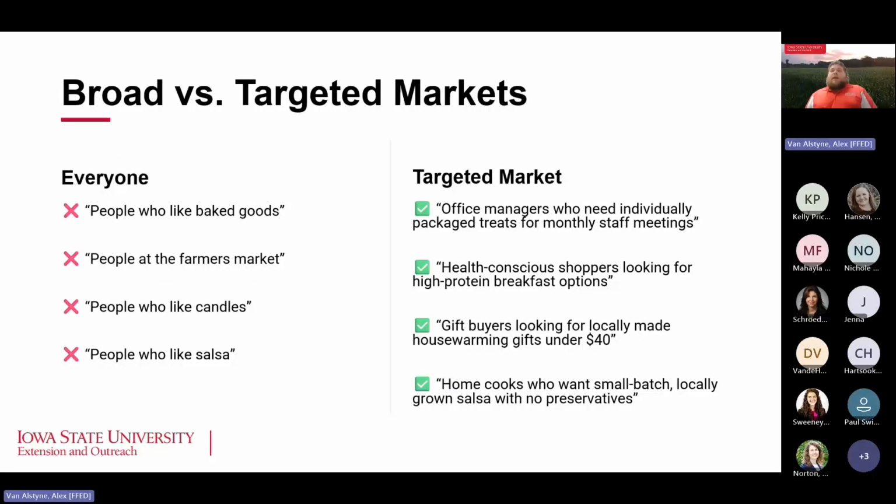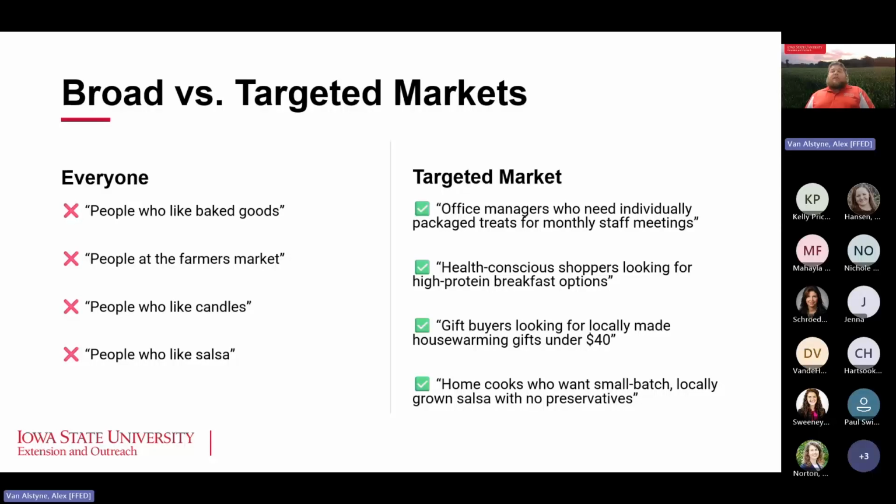The difference between a broad market and a targeted market: on the left are some examples I hear all the time. People who like baked goods, people at the farmers market, people who like candles, people who like salsa. And on the right, we see what a more specific targeted market would look like, what situations they're in and why they're buying.